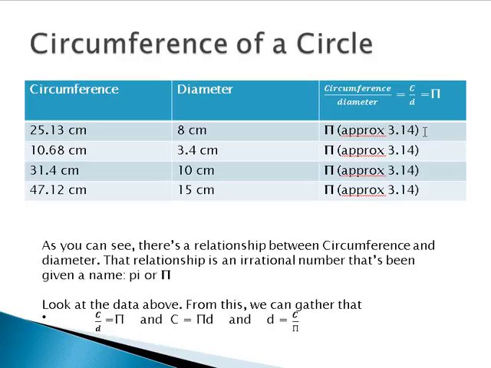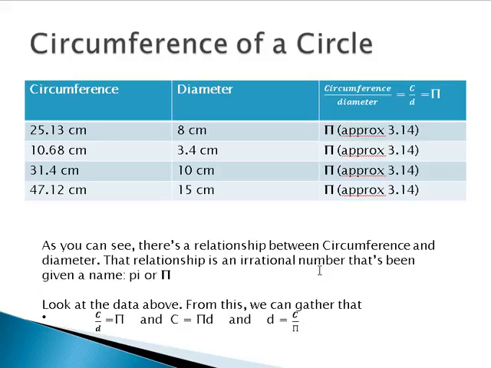And you also know that if you multiplied the diameter times this 3.14, or around 3, you'd get around the circumference. So as you can see, there's a relationship between circumference and diameter, and it's an irrational number.